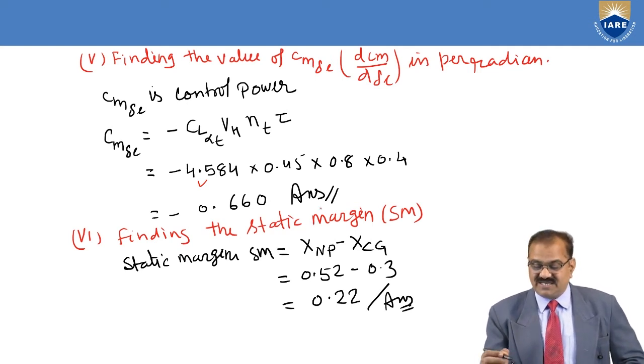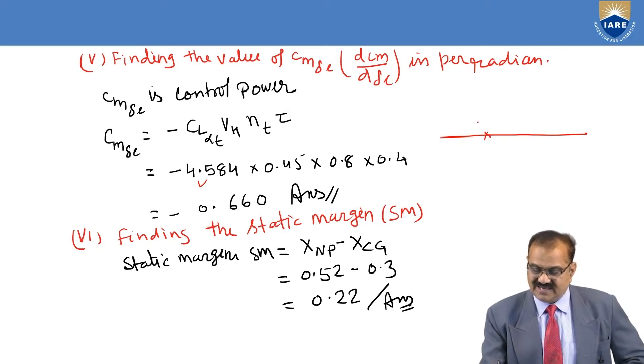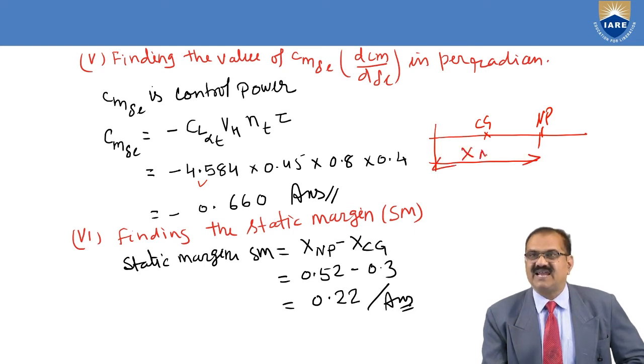So what is the static margin? If you see here, this is the CG and this is the neutral point. The distance between XNP and XCG, from here to here, is the static margin, and this is equal to XNP minus XCG.